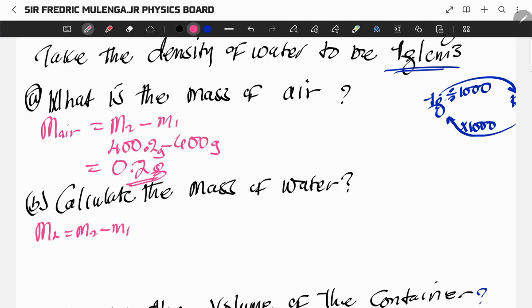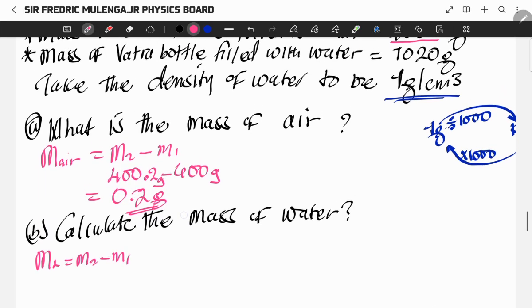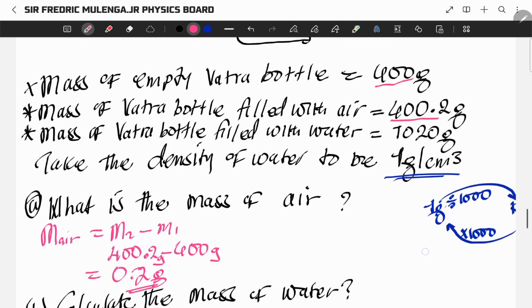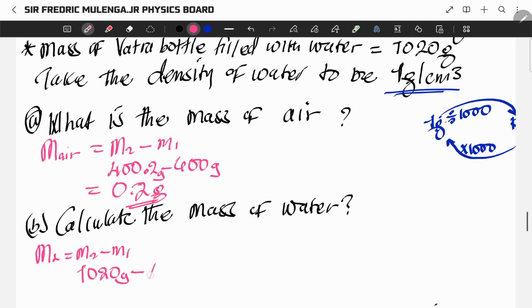Mass 1 is the mass of the empty bottle. Mass 2 is given as 1020 grams, minus the empty bottle, which is just 400 grams.